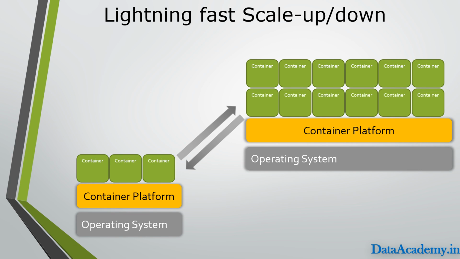So I said, when we have a virtual machine, scalability is a big problem, right? No matter which kind of scalability you take, vertical scaling, horizontal scaling, they all have their challenges. But with containers, you can achieve lightning fast scale up and down, for the reasons which I just explained. It is lightning fast in terms of boot time.